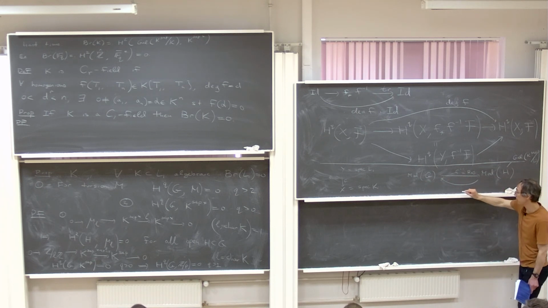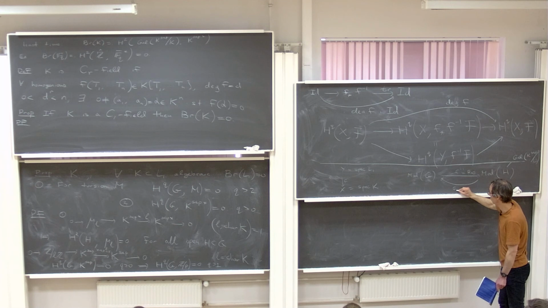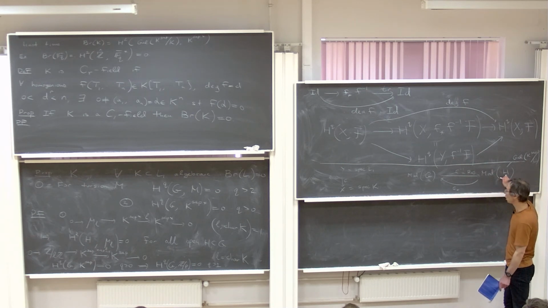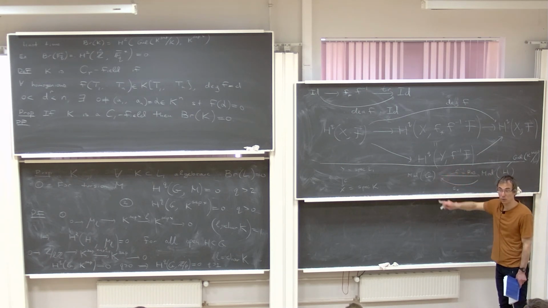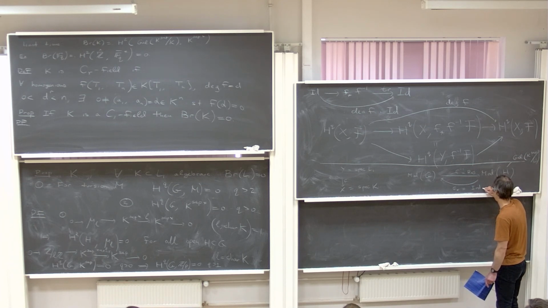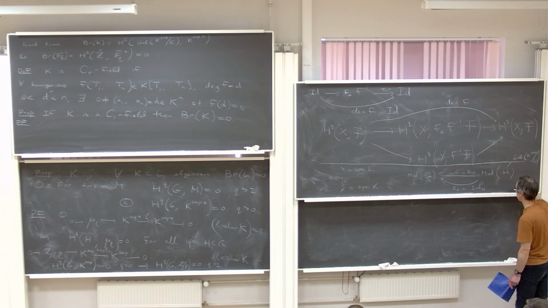And what is the inverse functor? Well, what is the F lower star functor? Suppose I have an H module. How can you construct a G module? Induction. So this is induction from H to G, and what is it?